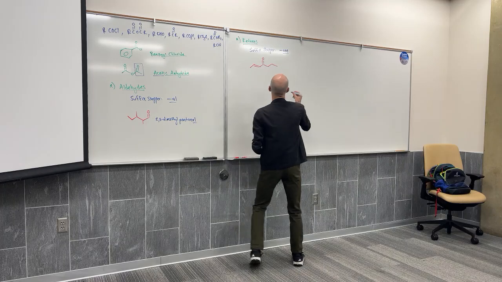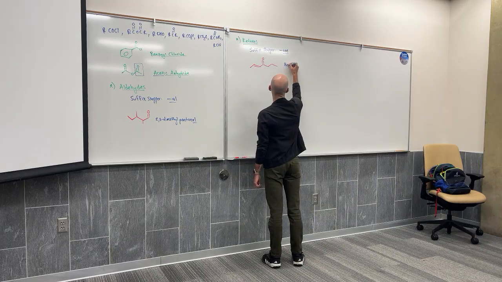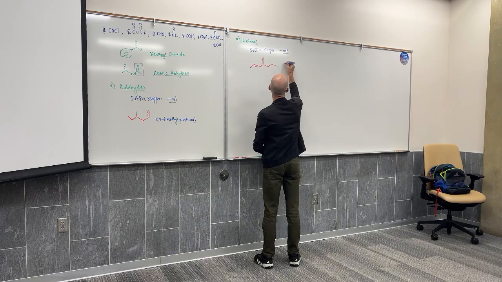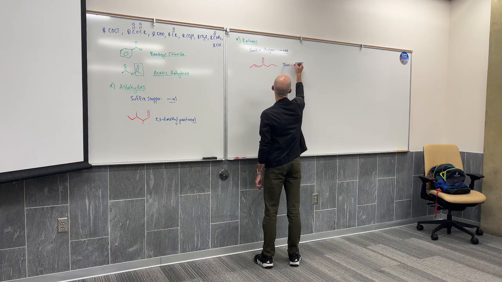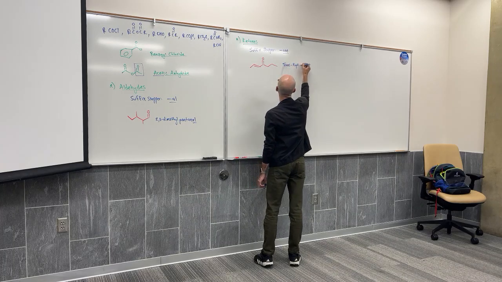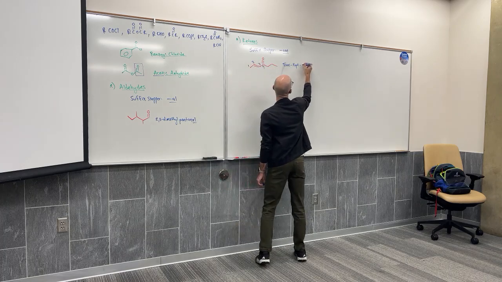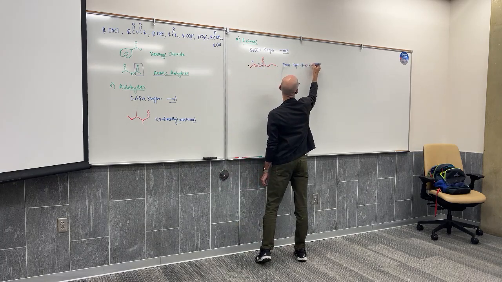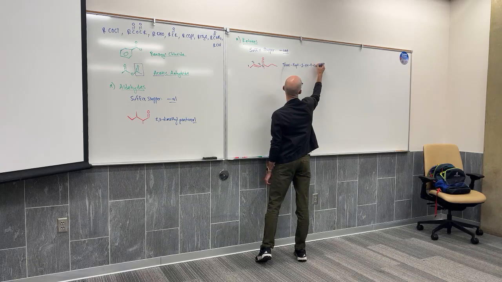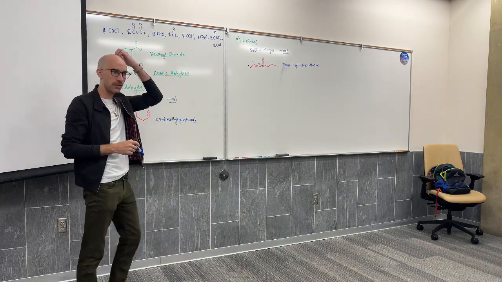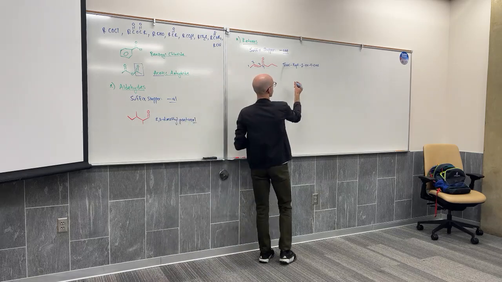So I get hept, trans, 2-ene, 4-one. There's another way you can write this out.